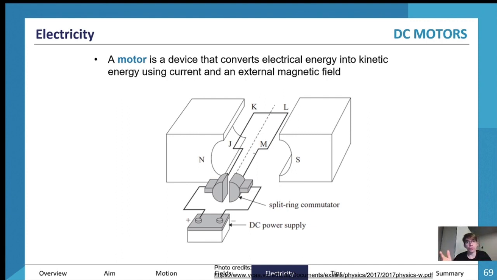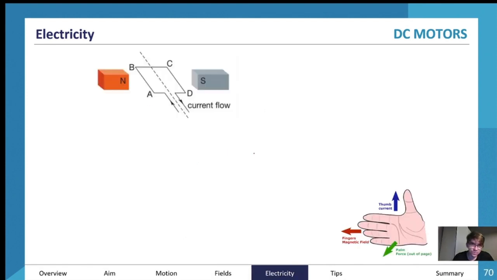Therefore, you have a motor which converts electrical energy into mechanical energy. However, if you mechanically turn the coil without switching it on, with no electricity, between two magnets, you will generate electricity. So you can convert electrical energy into mechanical energy, but you can do the vice versa. You can convert mechanical energy into electrical energy as well, which is epic.